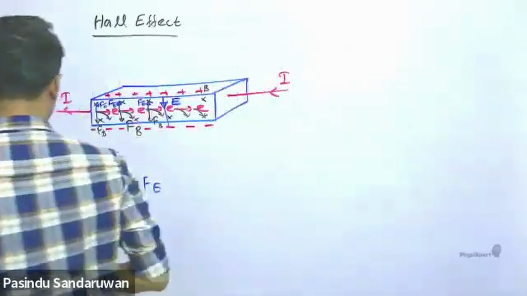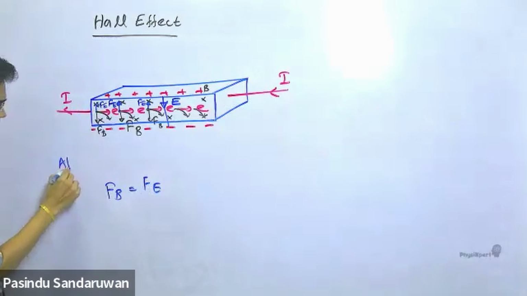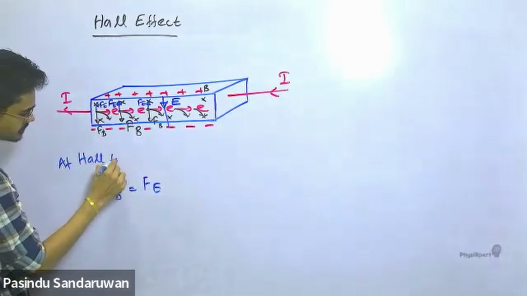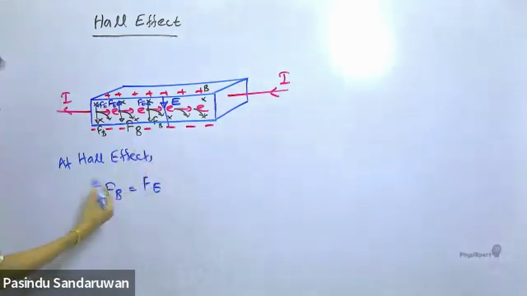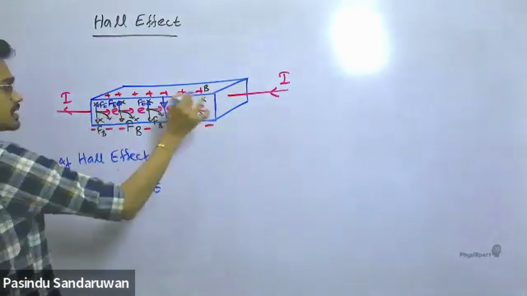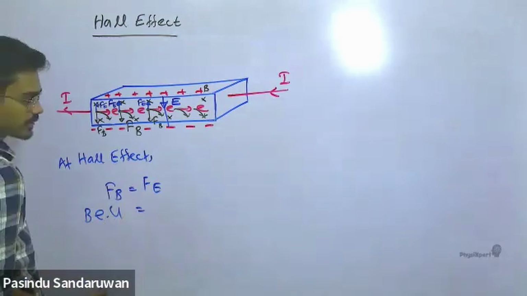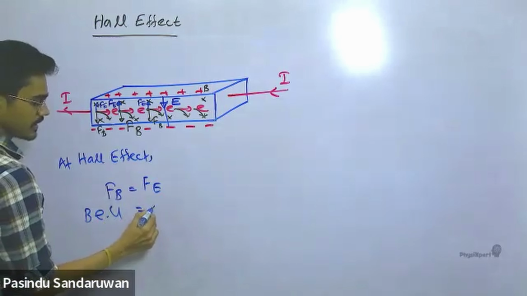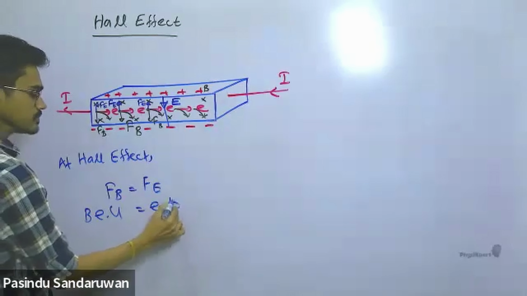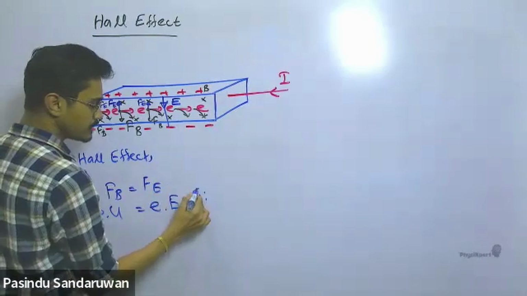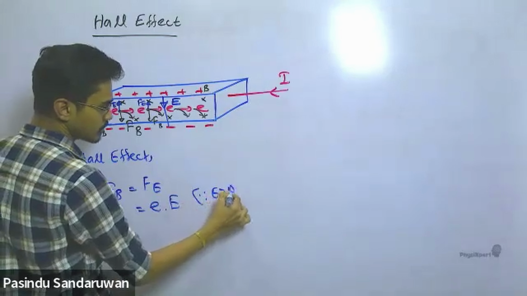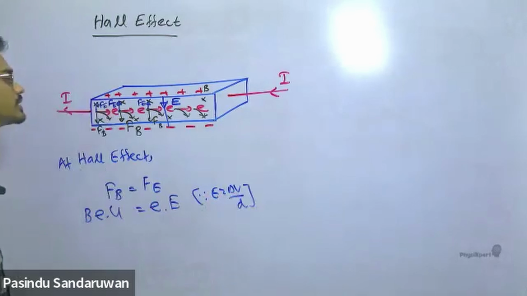Now, at the Hall effect, Fb equals Fe. We know Fb can be expanded as, let's say the speed of an electron is u, then Fb is B e u, if the charge of an electron is e, and Fe is given by qE. But we know E equals delta V over d.